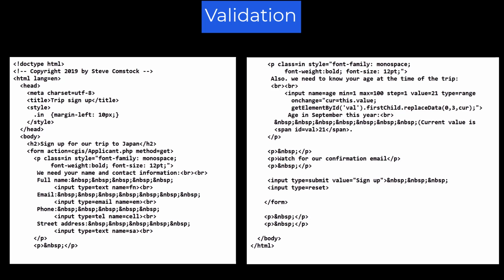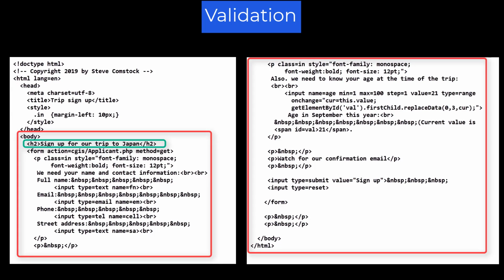So here's the code for a form, much like we've been working with already. The usual kind of stuff, the doctype, the head, the body, sign up for our trip to Japan, and there's the form, and our action is a particular CGI with method get. And then a paragraph where we're gathering information.